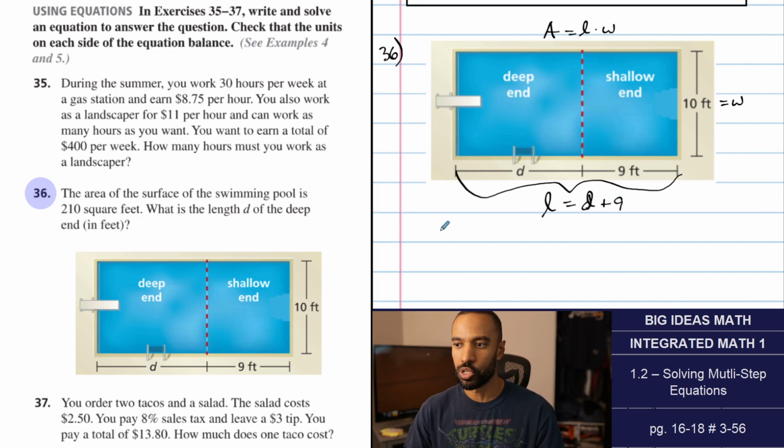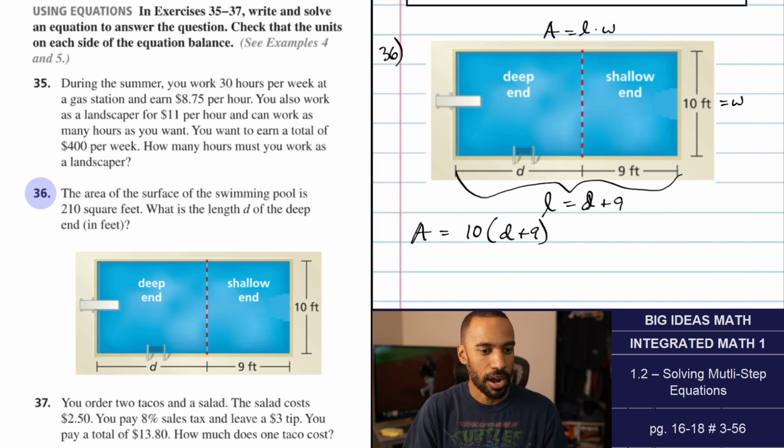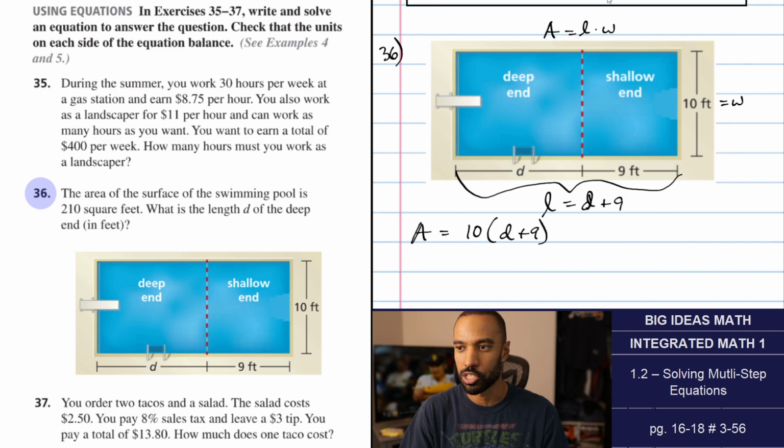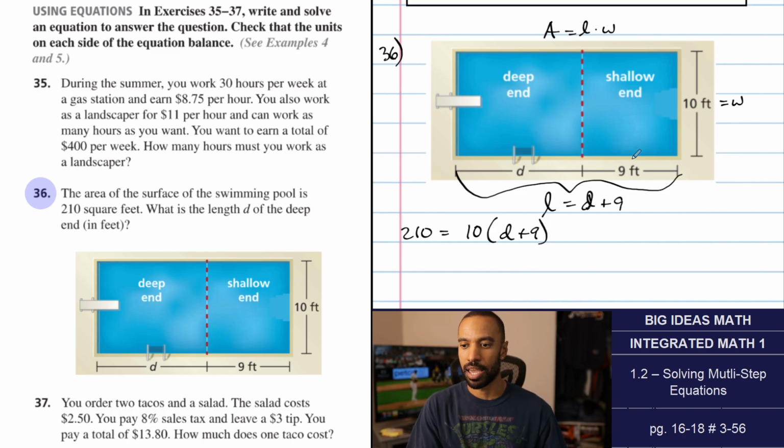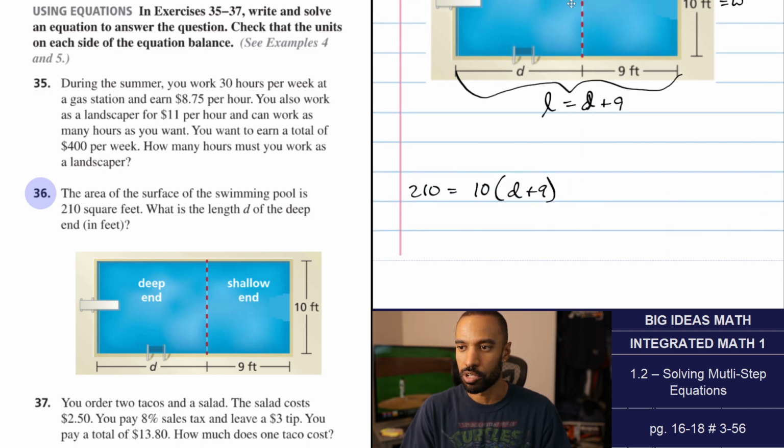So as far as substitution goes, area is, I'm going to put the 10 first. Width, 10 times length, like this. Now the area is also 210 square feet, and it's surface area, but surface area is still area. So 210 equals 10 times D plus 9. Now, what they wanted us to do was have units involved.